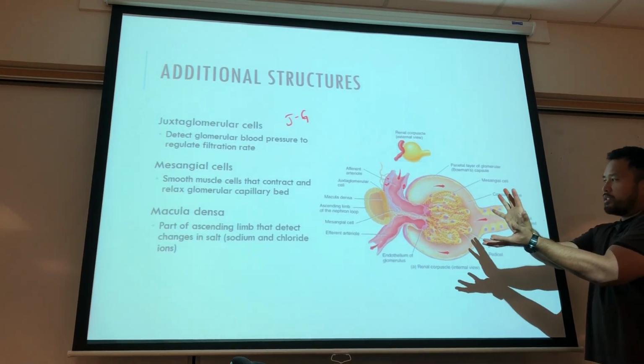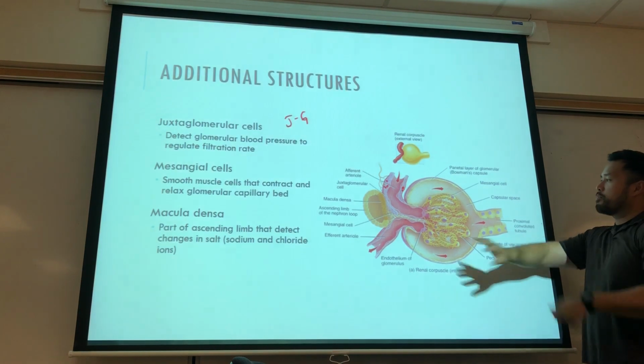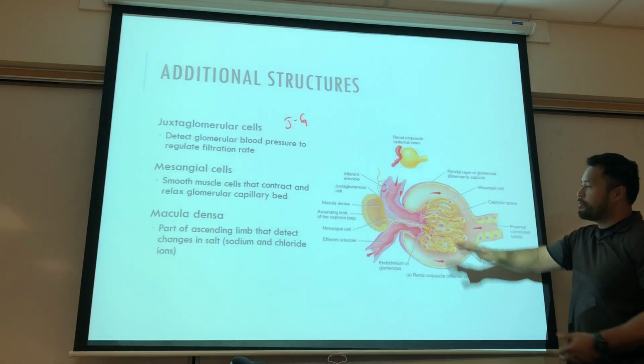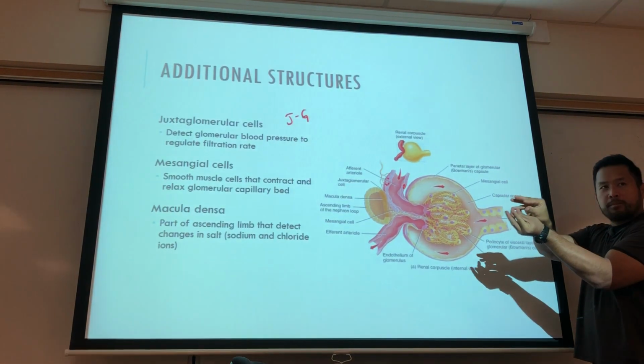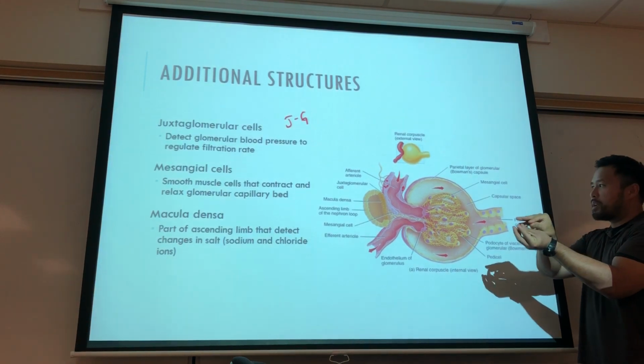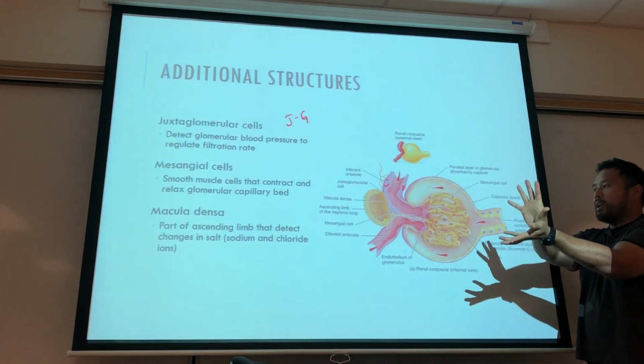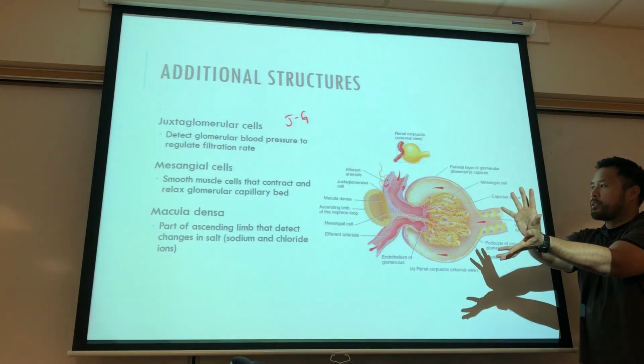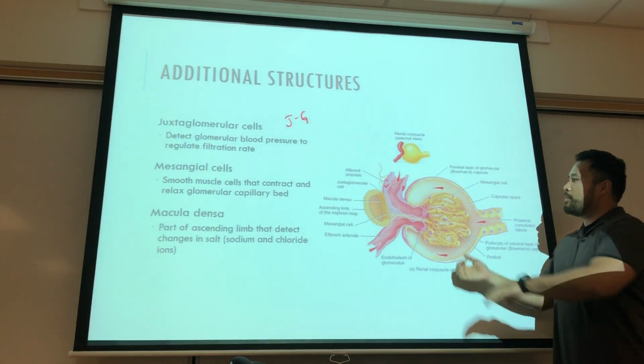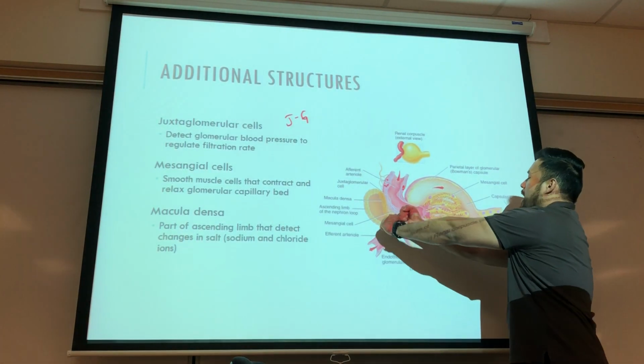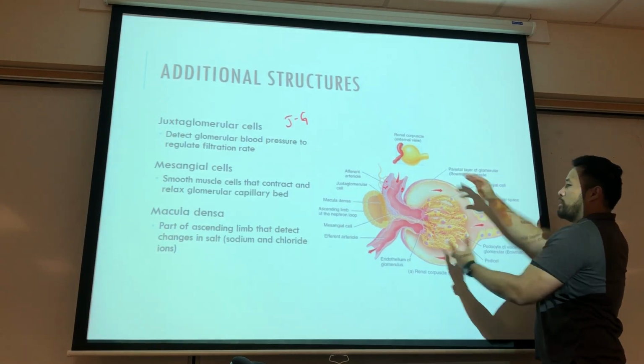In order to decrease the surface area to slow down the filtration process, I can retract some of those capillaries. If I want to increase filtration, I can open those capillaries up even further. So these mesangial cells contract and relax to either pull back the capillaries or allow them to fully expand.